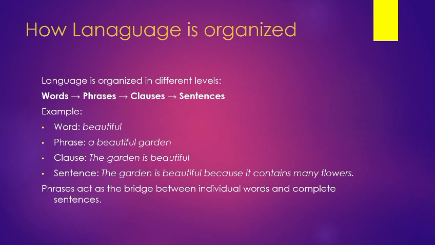In English, we will say an intelligent girl or a beautiful boy. These are phrases. Similarly, in Punjabi, we can say ek sona munda, ya ek soni kudi, ya ek siani kudi. These are examples of phrases in Punjabi language.